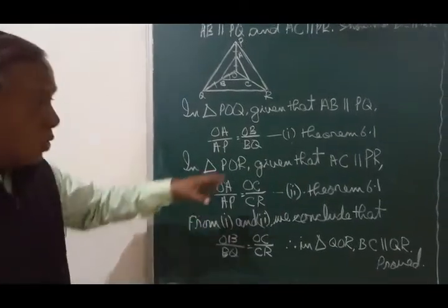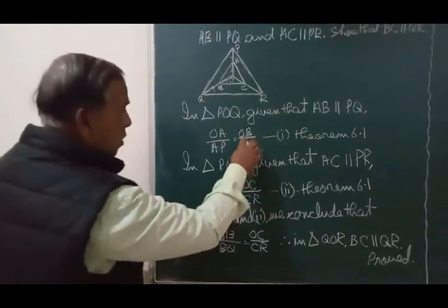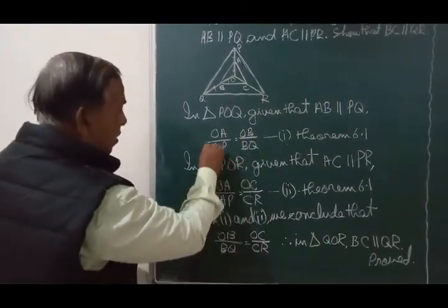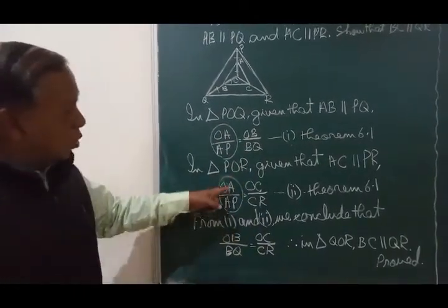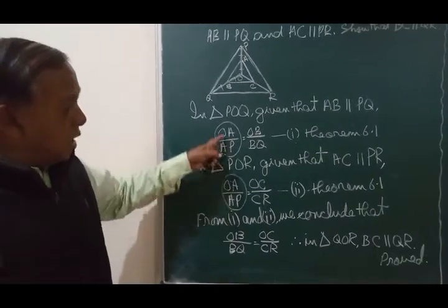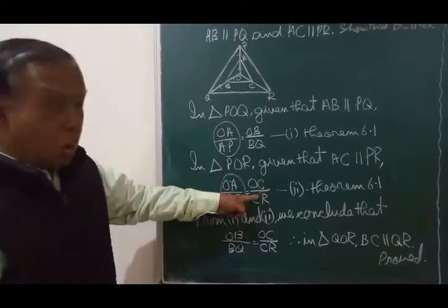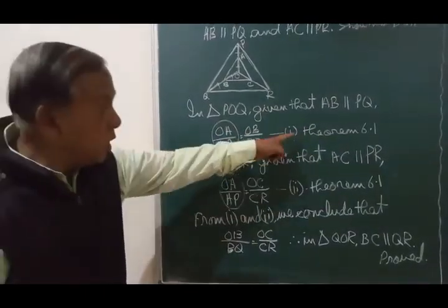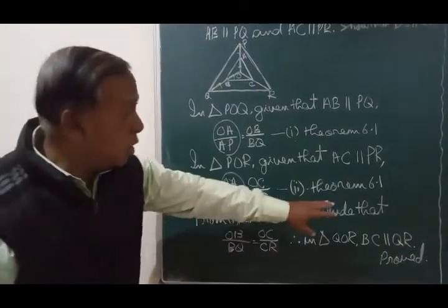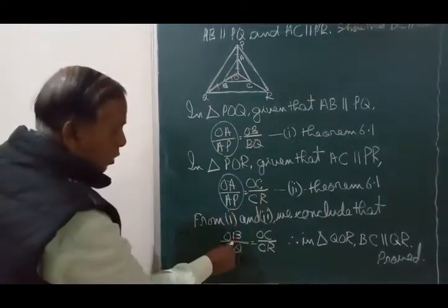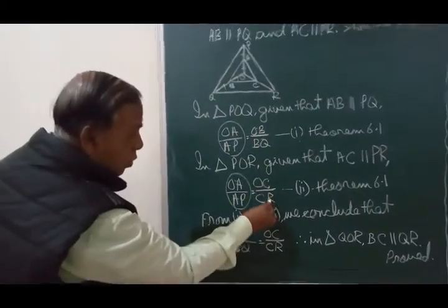And from these two conclusions, again look at this. OA upon AP here, again OA upon AP. These two are common, which means they are the same. This means these two also will be the same. And therefore we have conclusion from point number 1 and point number 2, we conclude that OB upon BQ is equal to OC upon CR.